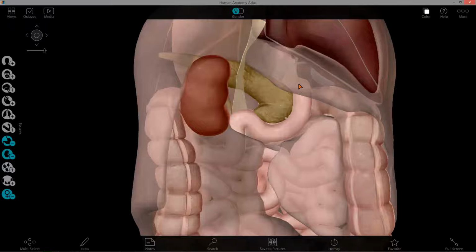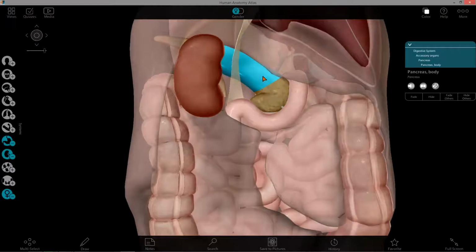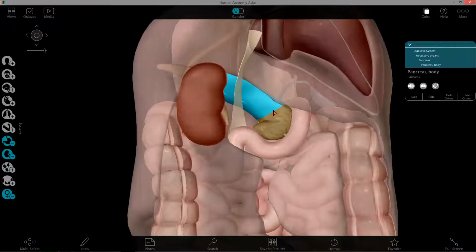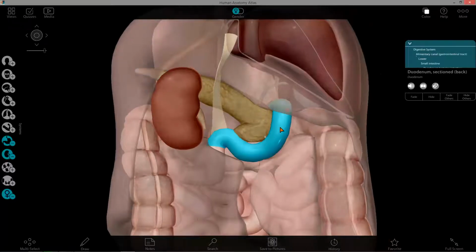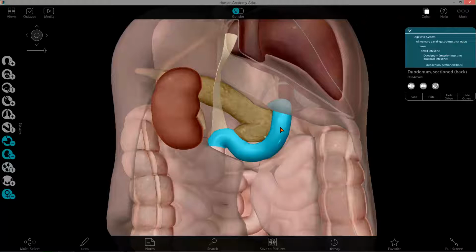The pancreatic head and the pancreatic body are retroperitoneal, whereas the pancreatic tail, highlighted here, is intraperitoneal. And then the second, third, and fourth parts of the duodenum are all retroperitoneal as well.